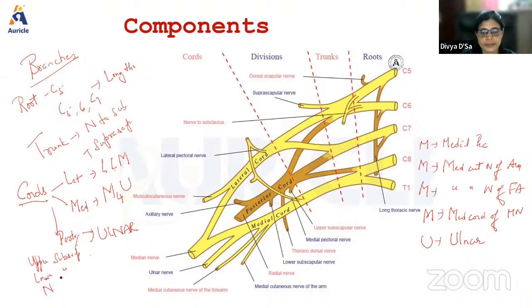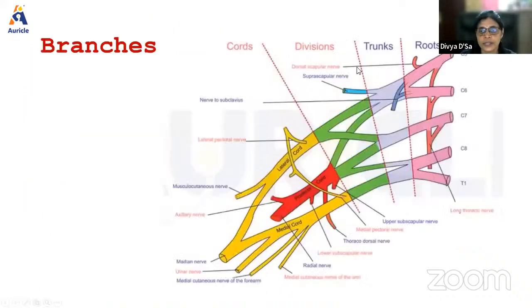N is nerve to latissimus dorsi, or thoracodorsal, otherwise called the thoracodorsal nerve. A is axillary. And R is radial. So these are the branches from the cords. This is how we can remember.